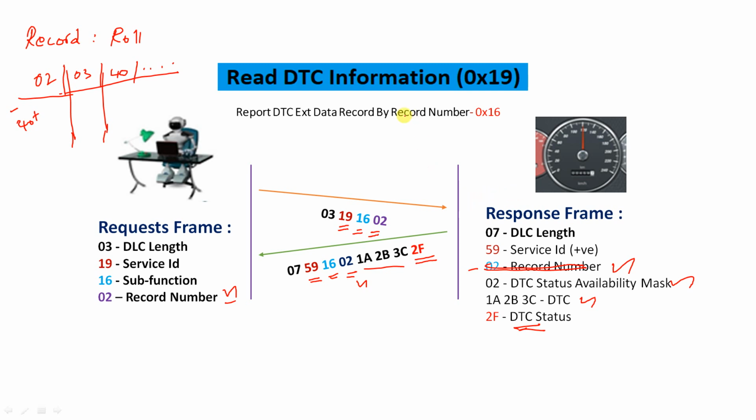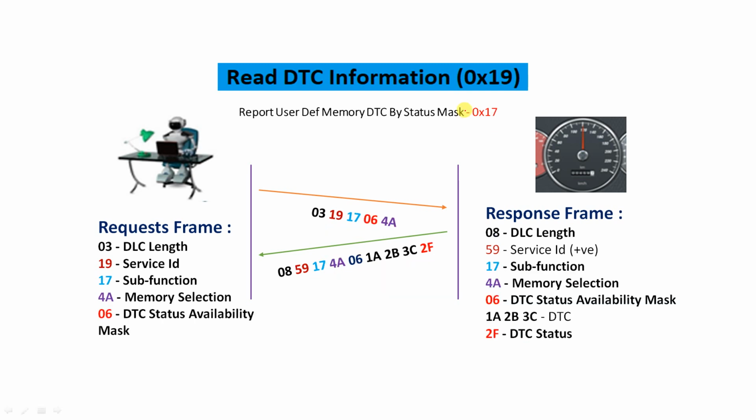So this is all about subfunction 16. And yes, we have time, so the other subfunction is 17. In 17, you are requesting the DTC by status mask, but you are also using a defined memory.